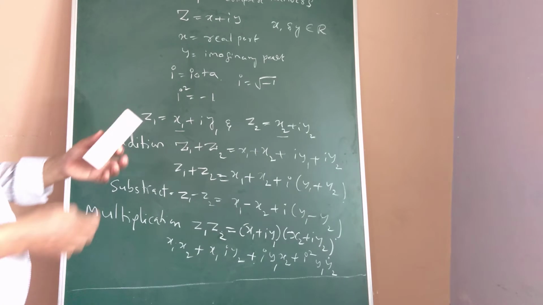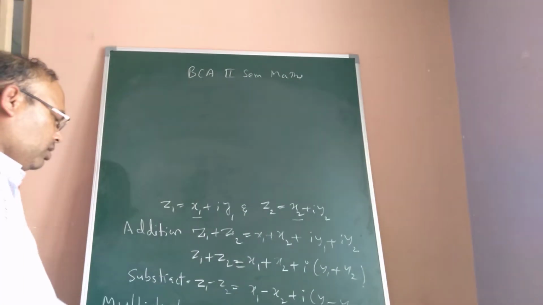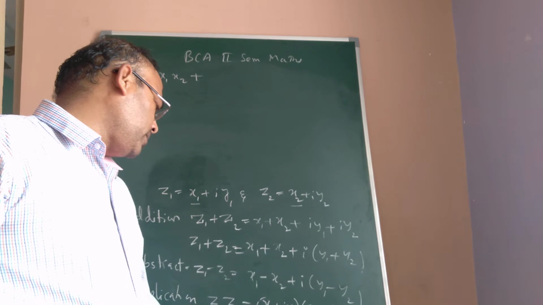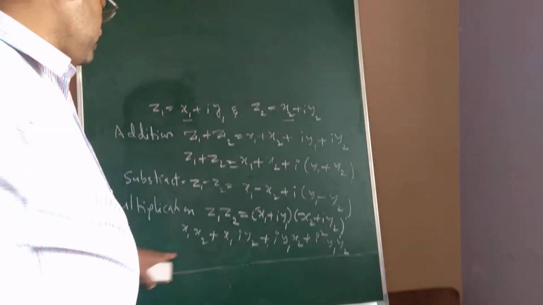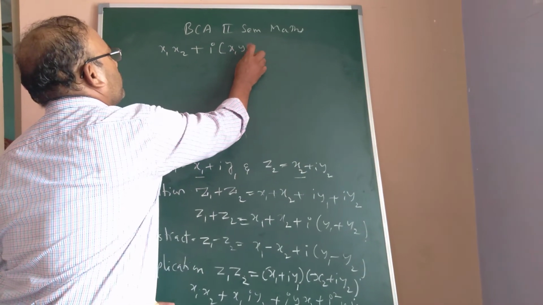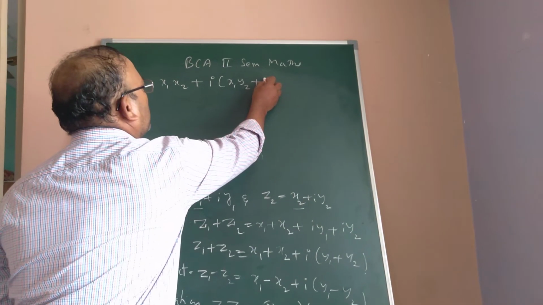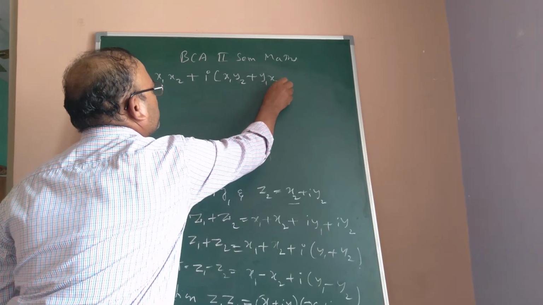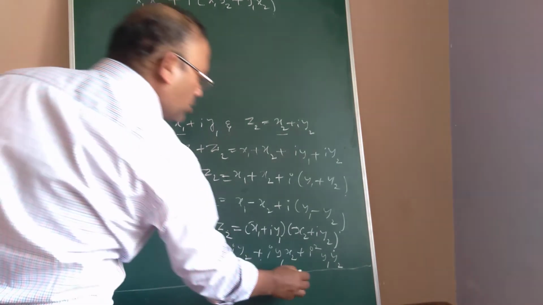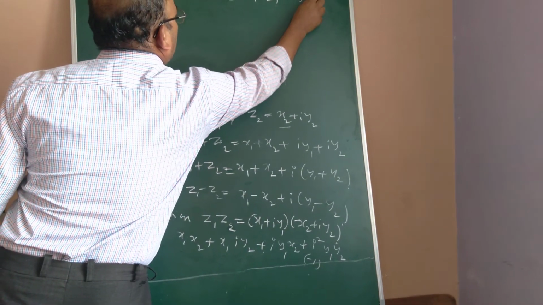Now we can simplify here. x1 x2 plus, here i is common in both terms, so take i outside: i into x1 y2 plus y1 x2, plus, here i square means minus 1, so minus into plus is minus y1 y2.